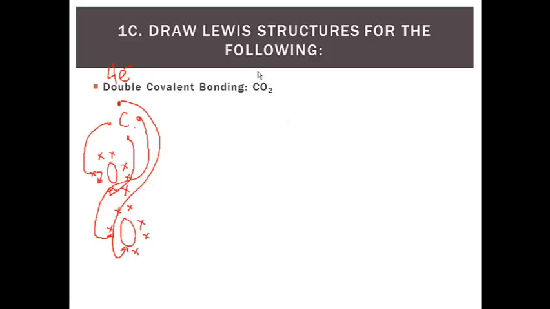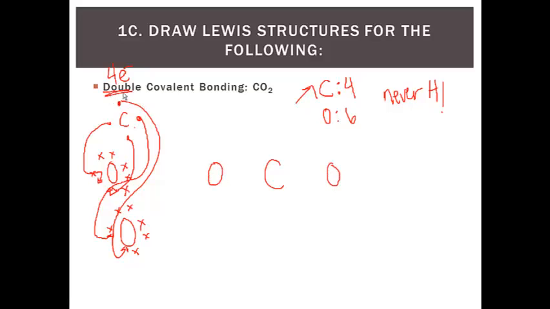So the question is, which one of these is going to be in the middle? It's going to be the one with the least number of valence electrons, but never hydrogen. We don't have hydrogen here, so we don't need to worry about it. So the one with the least valence electrons is carbon. So carbon is in the middle, and there's 2 oxygens. We are dealing with double bonds here. So I'm going to draw my 2 double bonds. And each of these double bonds is 4 electrons.